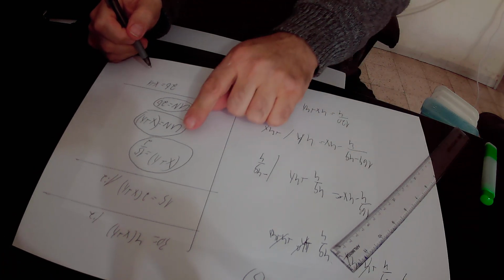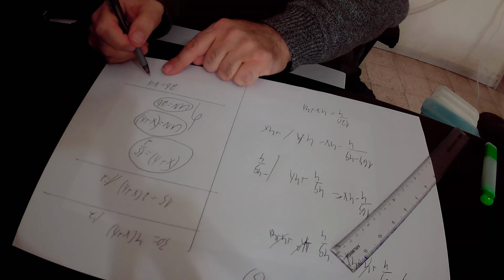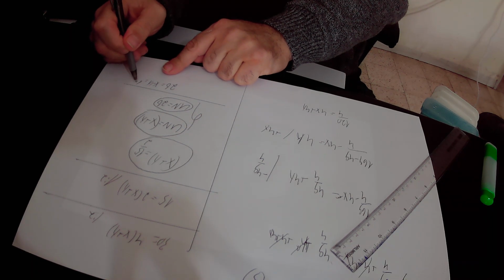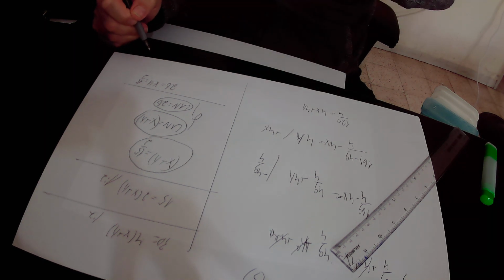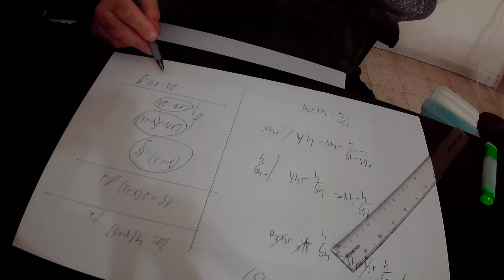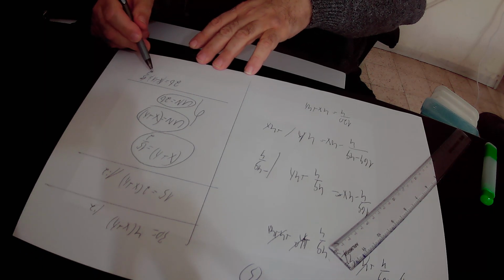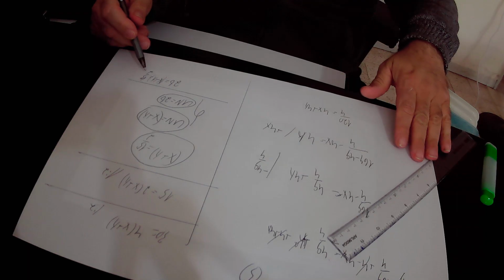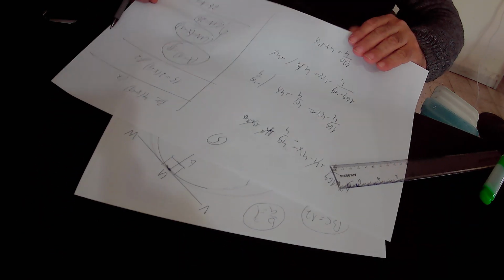But we already found out that x plus h also equals 15 over 2, so we can write that x plus h equals 15 over 2. And from this equation, 2b equals x plus h equals 15 over 2, we derive that 2b equals 15 over 2.